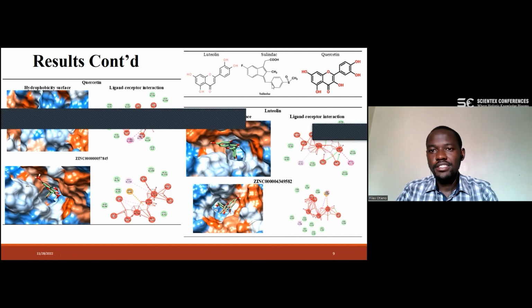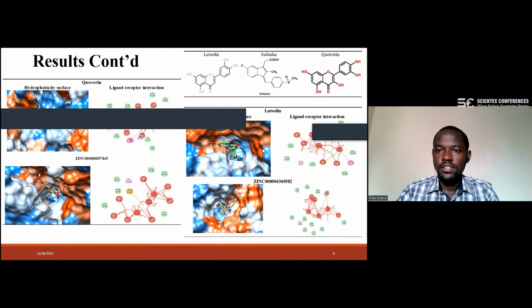Based on studies, that is one of the structure-activity relationships required for a potent inhibitor of the enzyme aldose reductase. So in Sulindac, we have a thiocarbonyl moiety next to a benzene group. In luteolin and quercetin, we have this carbonyl group as part of the chromone ring. This is a chromone ring. So here it is.